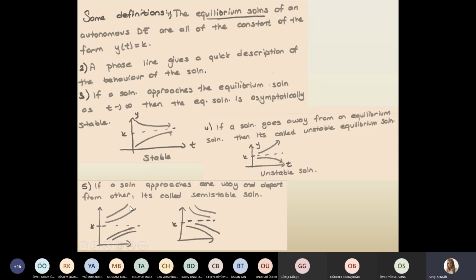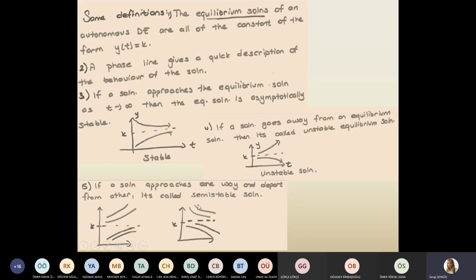And if the solution is approaching from one side and diverging from the other side, or vice versa, we have semi-stable solutions. So if both ways it is approaching, stable; if both ways it is diverging, unstable; if one is approaching and the other is diverging, we have a semi-stable solution.